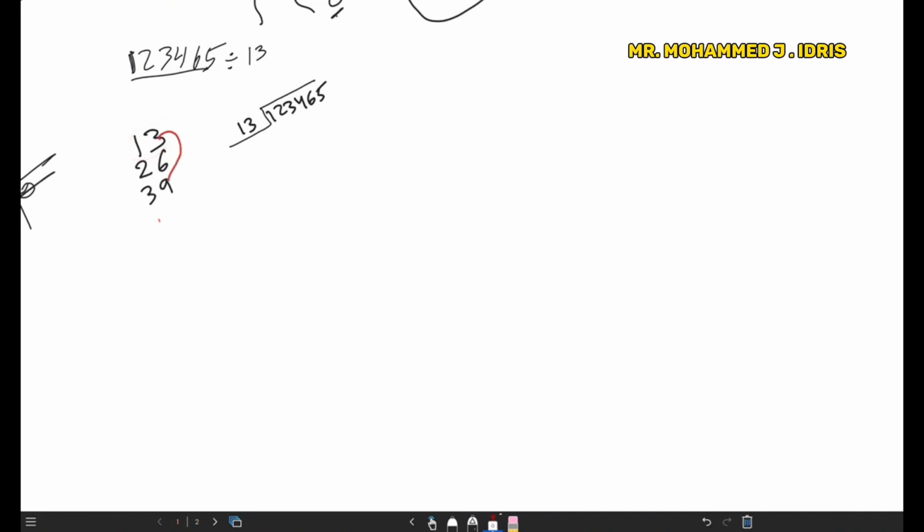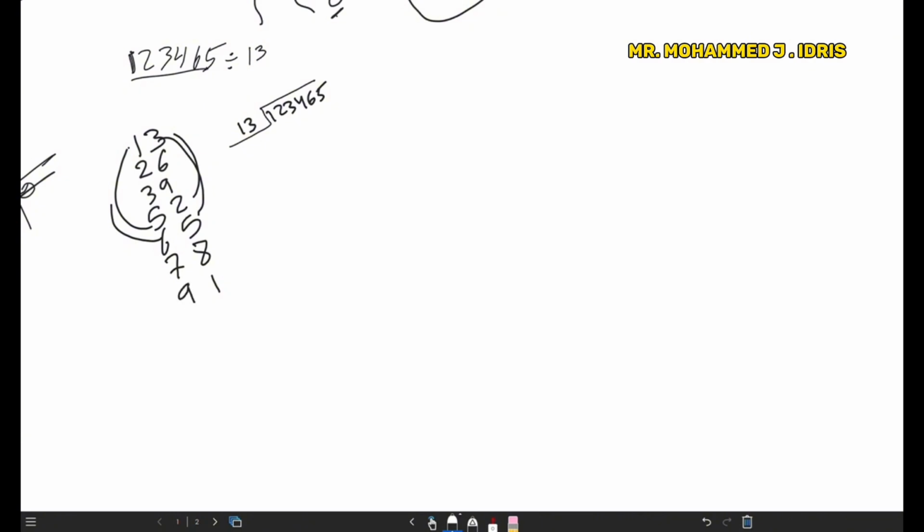So 3 plus 9 is 12. 12 here, and I have 1 here. So 1 plus 1, 2. 2 plus 3, 5, which is 52. 3 plus 2, 5. 1 plus 5, 6. 3 plus 5, 8. 1 plus 6, 7. 3 plus 8, 1, and I have 1 in hand. 1 plus 7, 8.